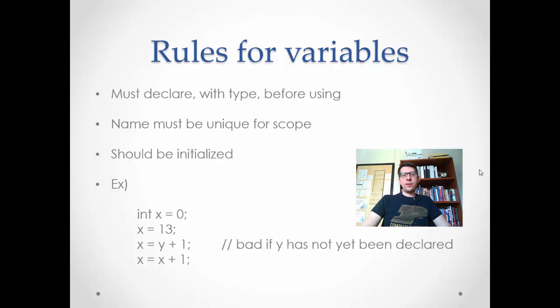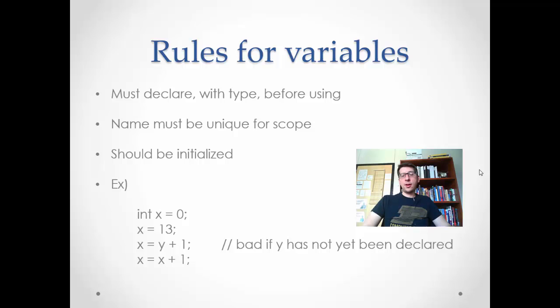What I wanted to point out with these examples is the fact that you can actually use variables on the right-hand side, and those variables will eventually involve a substitution. So let's look at that third statement, x equals y plus 1. When that code is read, if there's a variable called y, it will substitute the value stored in y, where you see the letter y on the right-hand side, and then evaluate the expression.